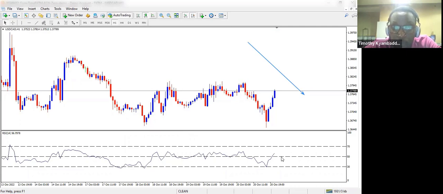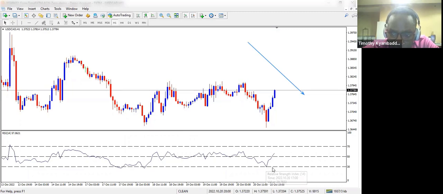So simply what happens is every time price reaches the 30 line on the RSI, and is trading below or at the 30 line, we consider the price of the currency to be oversold. Keyword oversold. If you have a notebook, write it down, oversold.